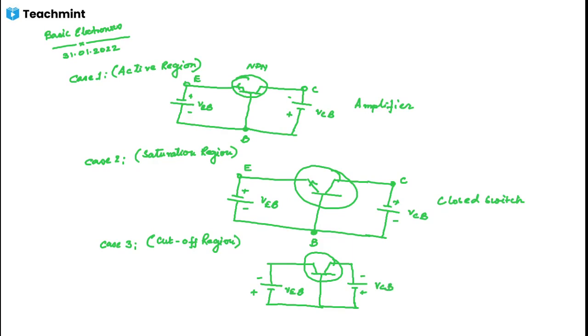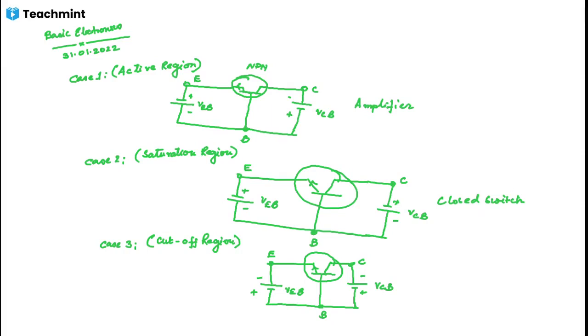So this is E, this is C, this is B. So there, this is an NPN transistor.